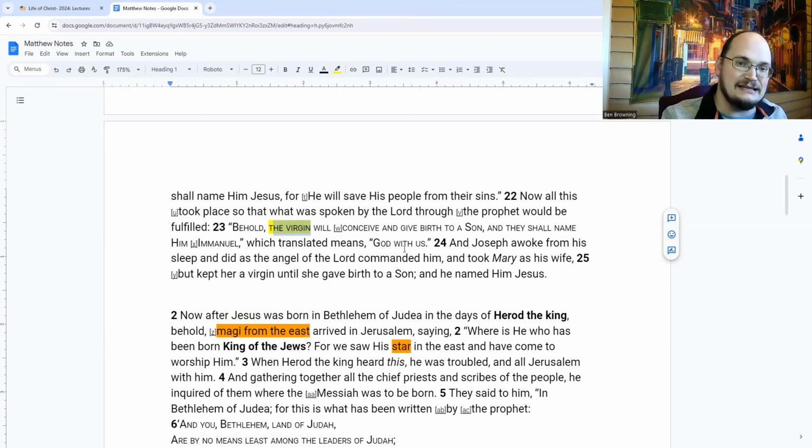So that has led some scholars to argue that this is actually Matthew misunderstanding the Old Testament, that Matthew has misunderstood or mistranslated this. He took a passage that in the context referred to a young woman, not a virgin, and now he's applied it to Mary, who is a virgin.